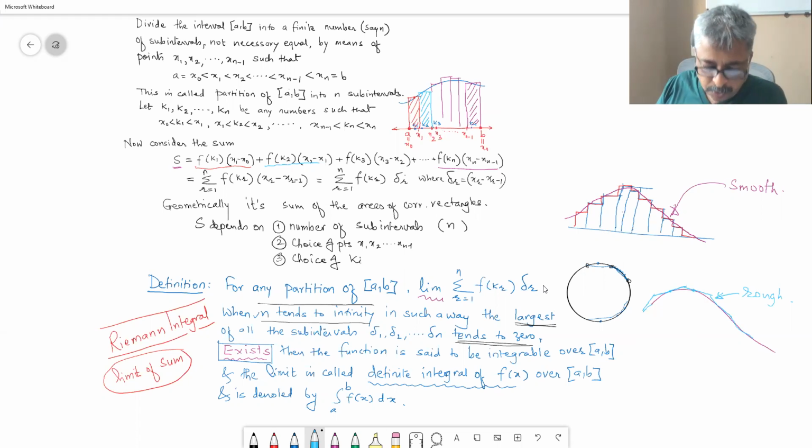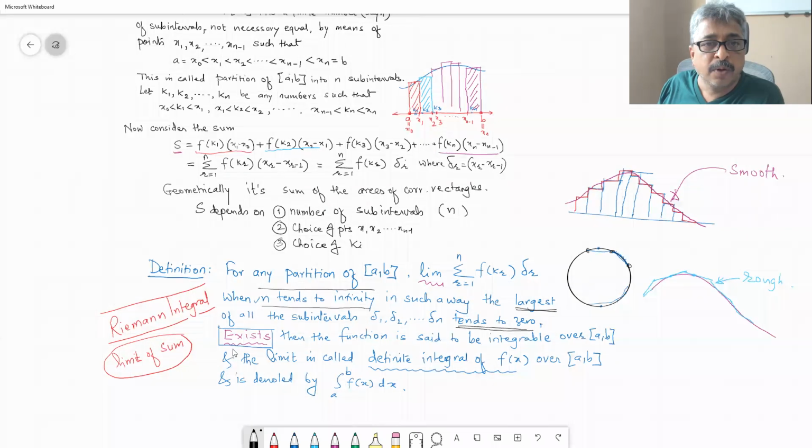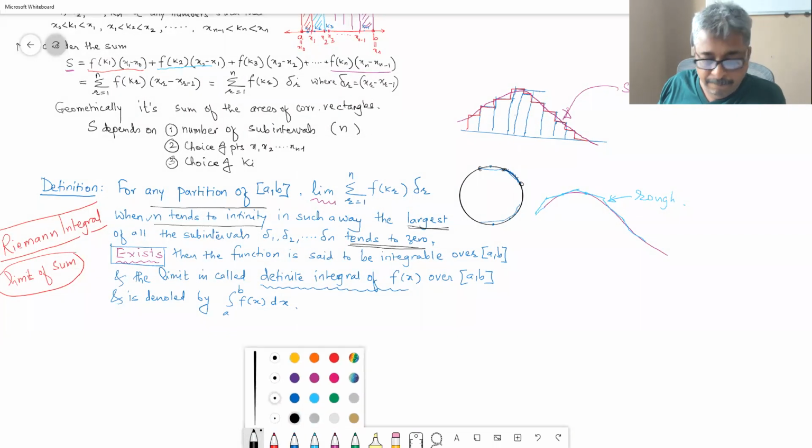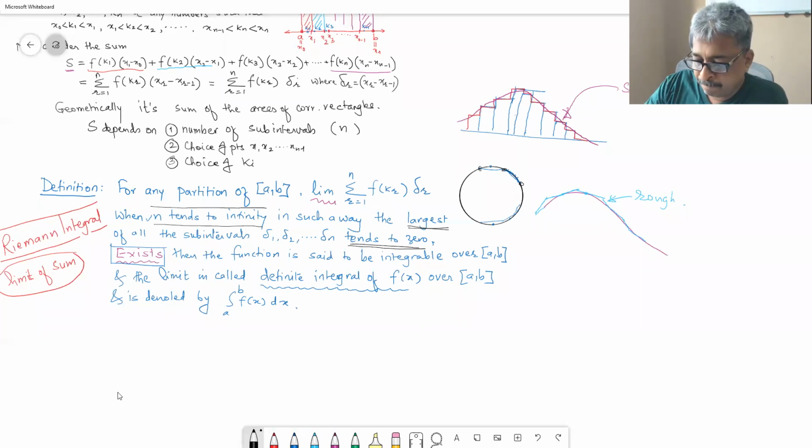Okay. So we can call this S the area under the curve also. Now here one thing is very important, that S is area.